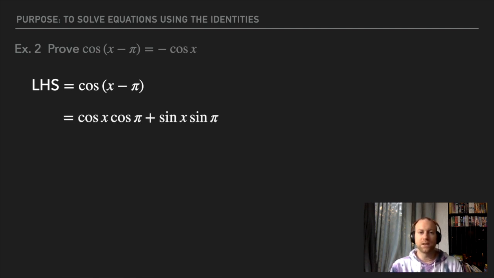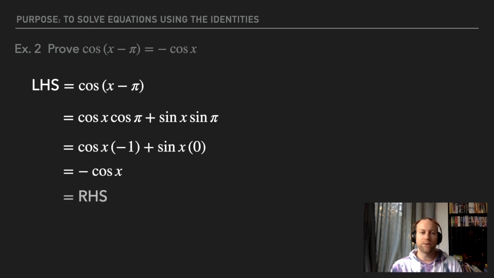That is this equation. We substituted in x and our y value, now pi. We know what cosine pi is and what sine pi is, since these are specific values. And notice we got our right-hand side. And that's what we wanted to prove. Left-hand side equals right-hand side. When those two things are the same, you're done.